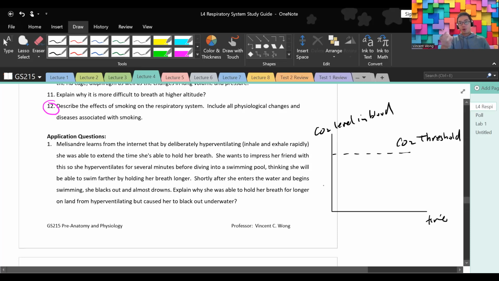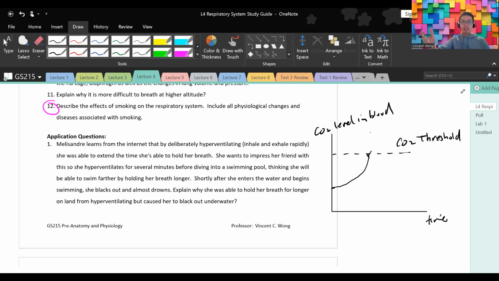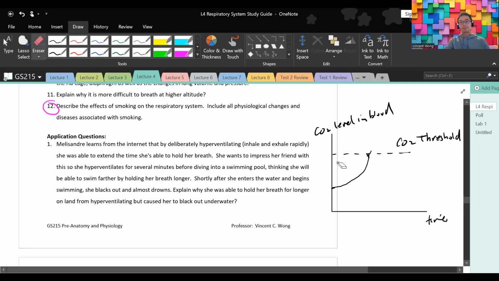So let's say you hold your breath right now, then your blood carbon dioxide level, let's say starting here, will slowly go up, slowly go up, slowly go up. And then it hits the threshold, the level hits some magic number. Then your medulla oblongata will be like, you have got to breathe now because there's too much carbon dioxide in the blood. And that will be the time where you have to give up and breathe. Okay, so that's how long you can hold your breath.